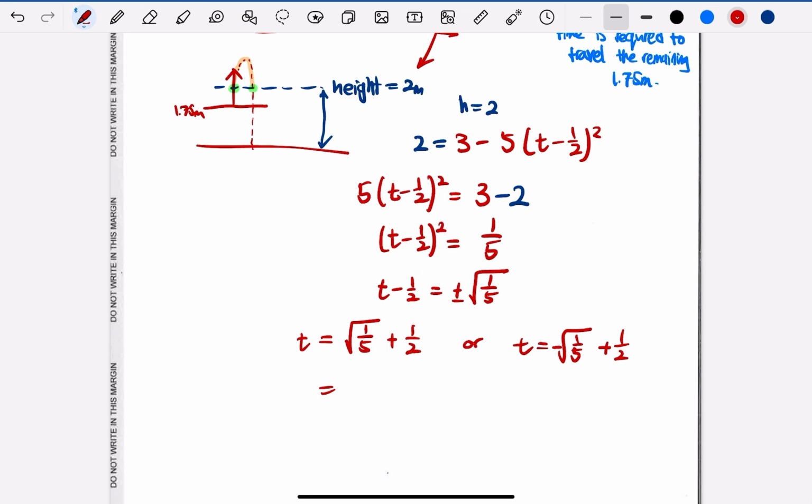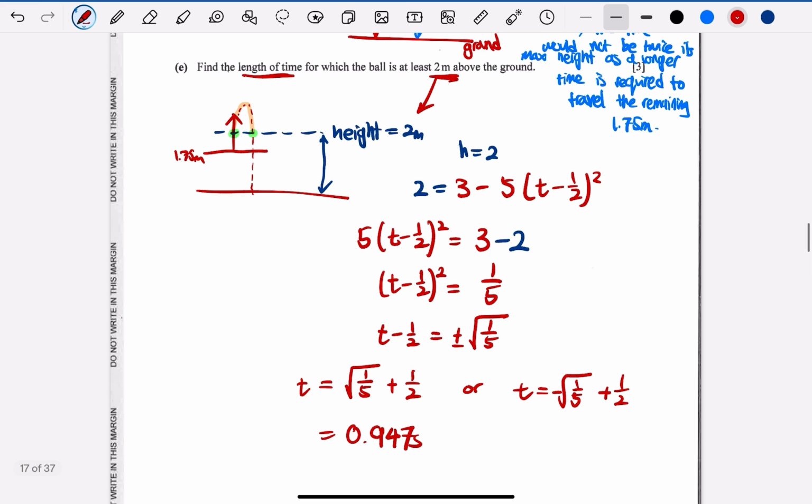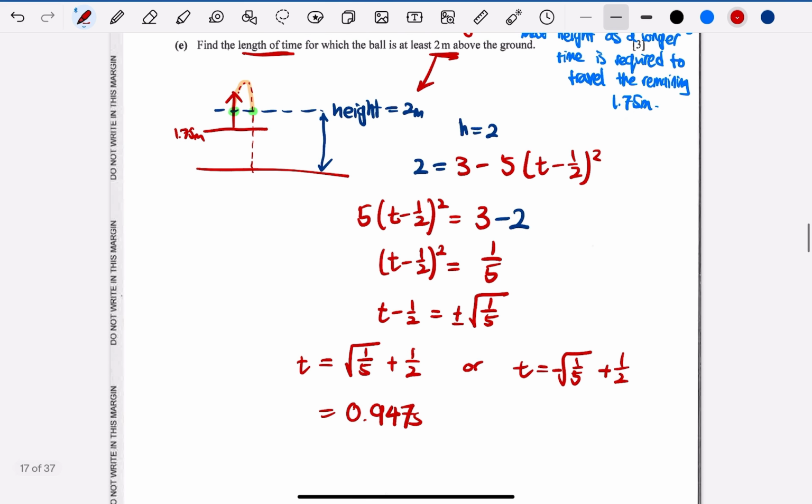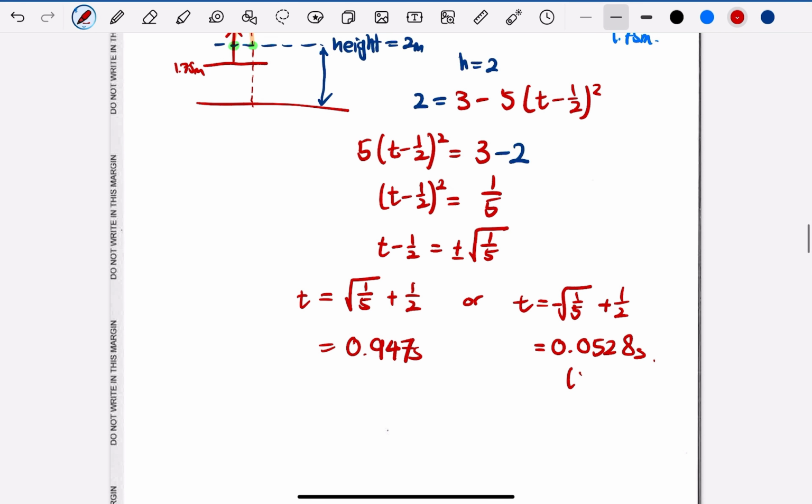So let's press this in your calculator. 0.947 seconds. And the other one, 0.0528 seconds. Both we leave in 3 significant figures.